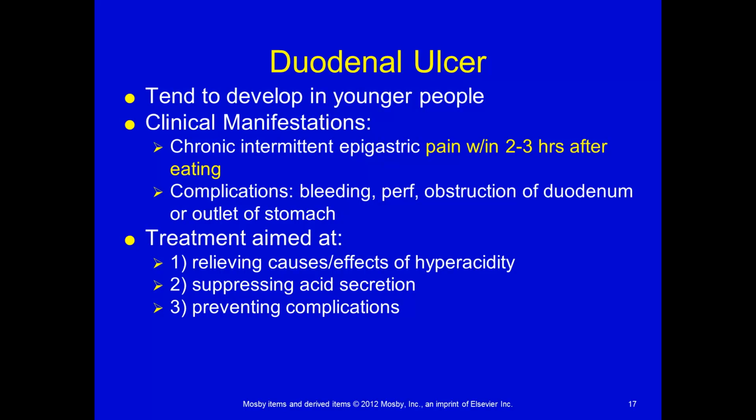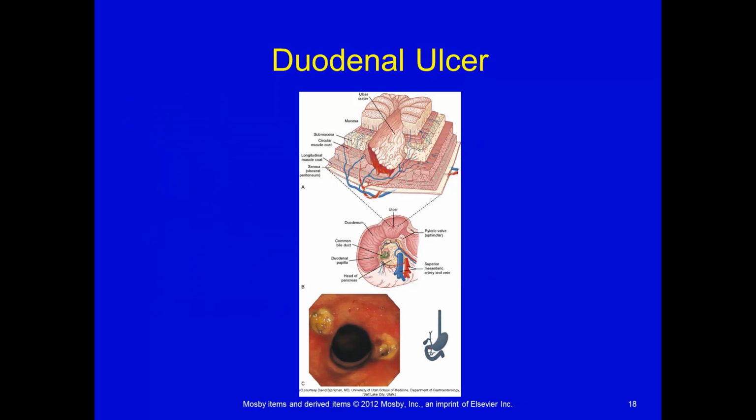Treatment is aimed at several things. One, relieving the causes or the effects of that hyperacidity in that particular area, suppressing that acid secretion, and then hopefully trying to prevent any further complications like a bleed or a perforation.